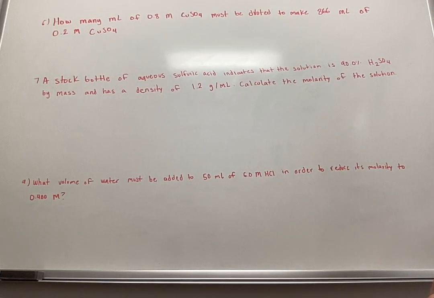Number 6 is how many milliliters of 0.8 molar CuSO4 must be diluted to make 866 milliliters of 0.2 molar CuSO4. So here we have two concentrations, 0.8 and 0.2, and one volume, 866.